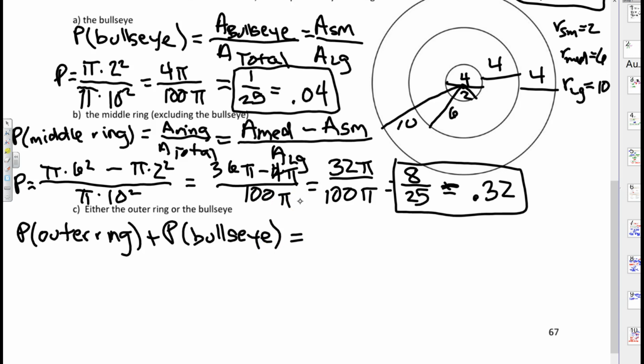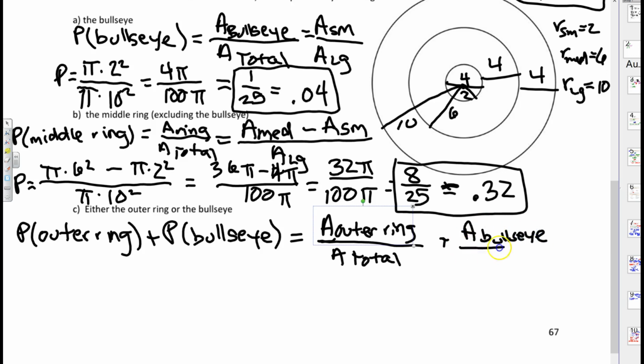The probability of my outer ring is the area of that outer ring divided by the area of the total. And the probability of the bullseye is the area of the bullseye divided by the area of the total.